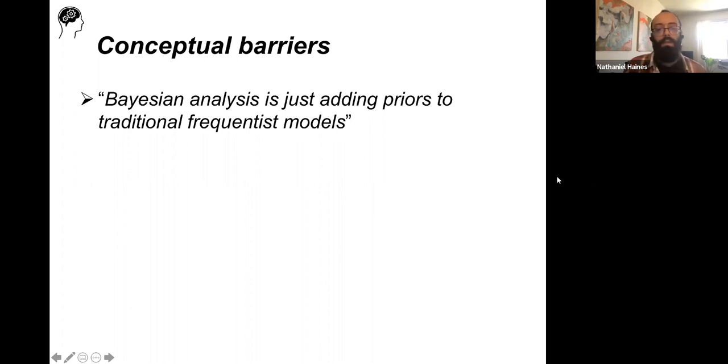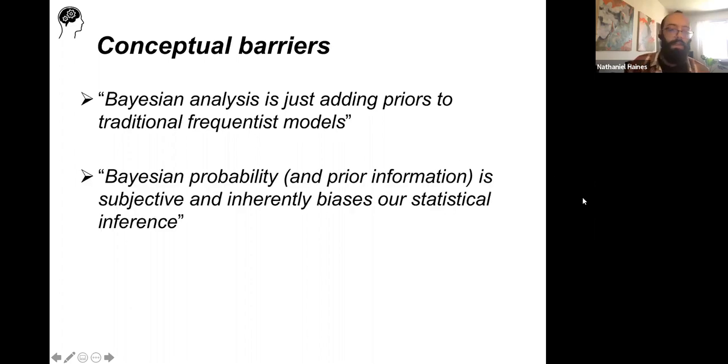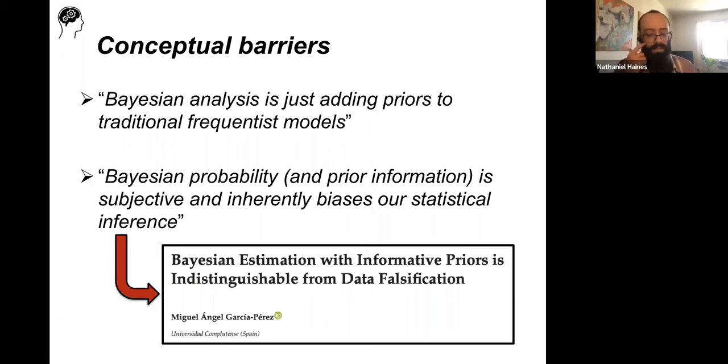And then another barrier, I think, is that Bayesian probability or prior information in general is subjective, and it inherently biases our statistical inference. A great example of this is a paper that came out recently. You can see here, "Bayesian estimation with informative priors is indistinguishable from data falsification," right? I think this tends to be the snap judgment that people make, and it's technically true.